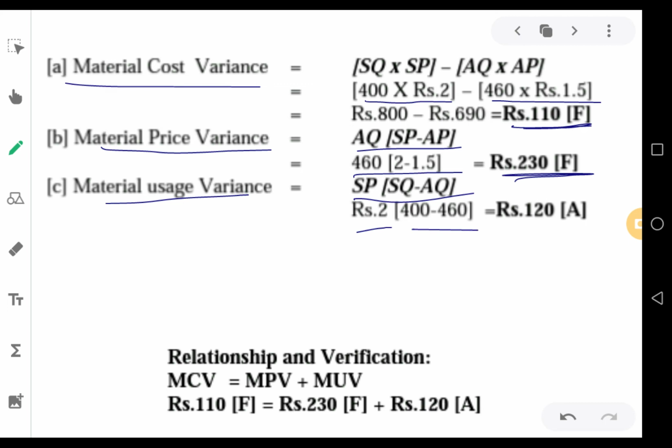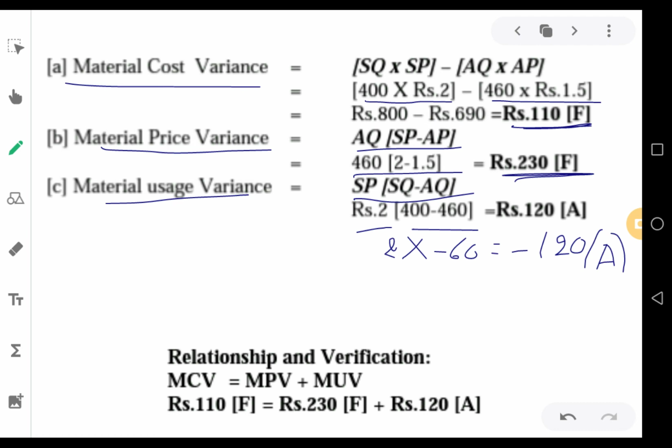If you subtract 400 minus 460, you will get minus 60. So that should be 2 into minus 60, that is minus 120. You are getting a negative answer here, so you should take it as adverse variance. Only the usage variance is adverse; the remaining cost and price variances are both favorable.